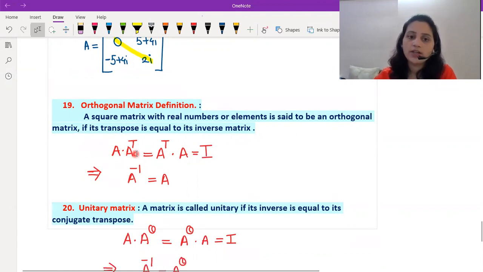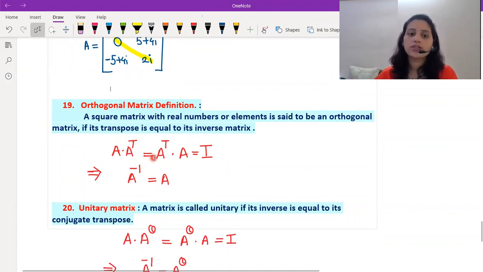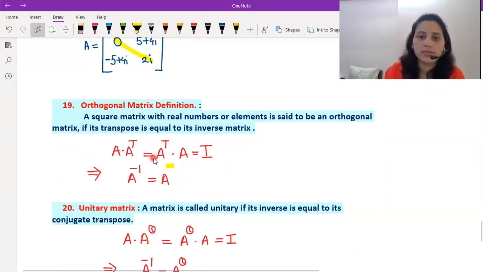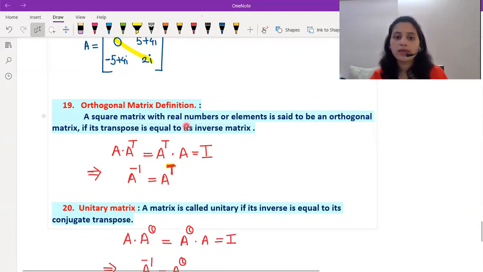That means A into A raised to T is equal to A raised to T into A is equal to I. Actually, this is nothing but the condition for A inverse also: A into A inverse is equal to A inverse into A is equal to I. So by that property, A raised to T equals A inverse. So an orthogonal matrix is when the transpose of the matrix is equal to its inverse. Then the given matrix is called an orthogonal matrix.